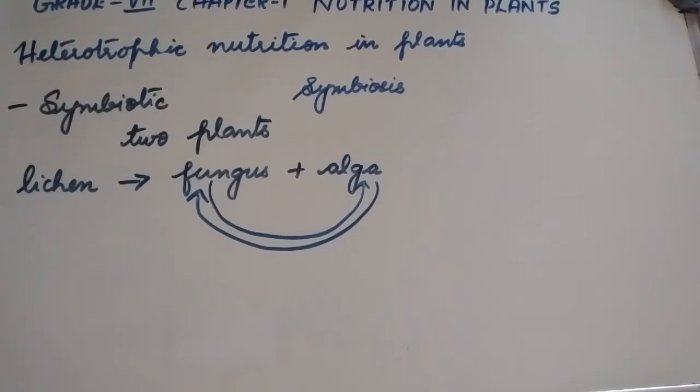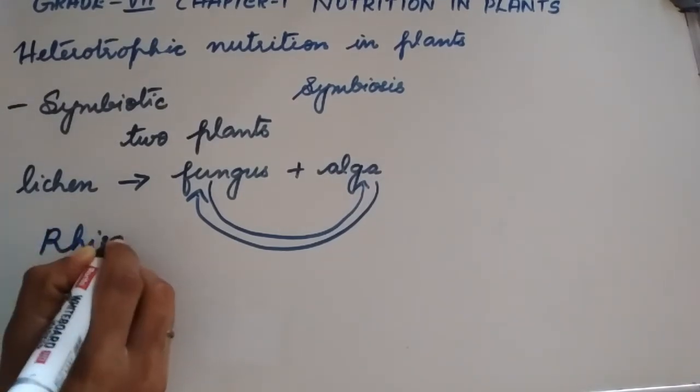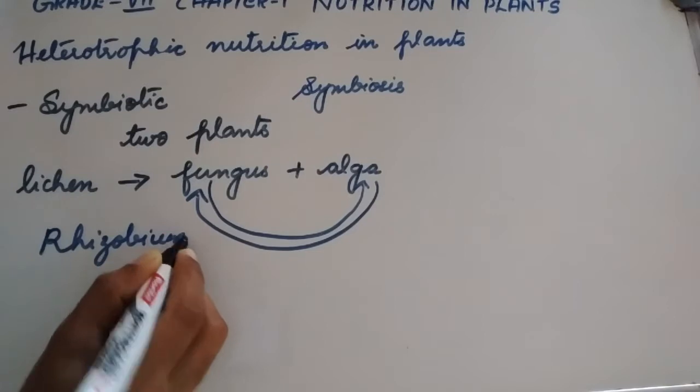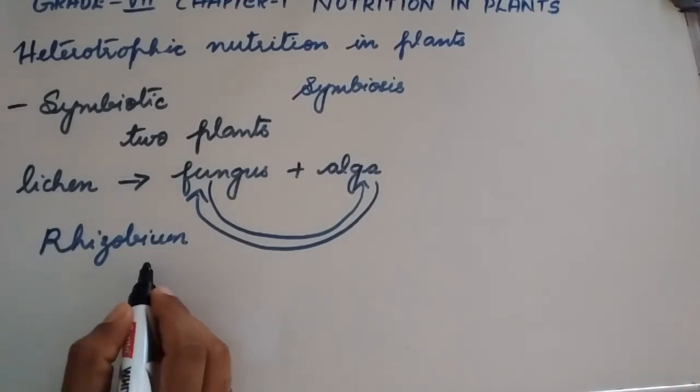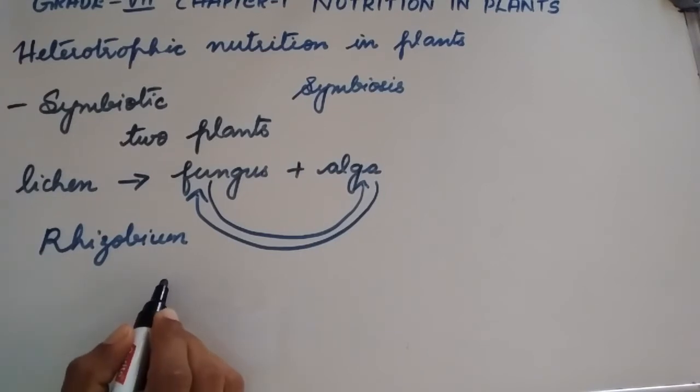Another example of the symbiotic mode of nutrition is a bacterium called Rhizobium. This bacterium is found in the roots of leguminous plants.